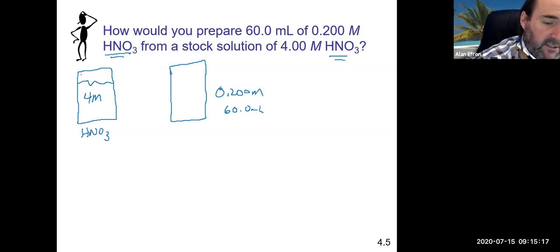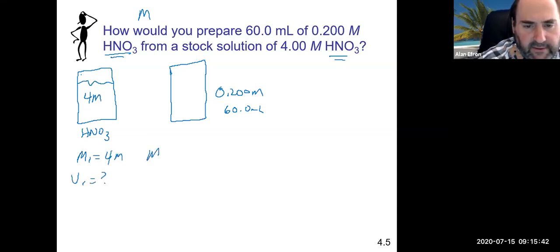Now, 4 molar is a larger number, and when you have molarity, the bigger the number that comes in front of the M, the more concentrated it is. So the bigger the number, the stronger it is, the more concentrated it is. So we have M1, which is 4 molar. V1 we don't have. We do have M2, and V2, which is 60 milliliters.